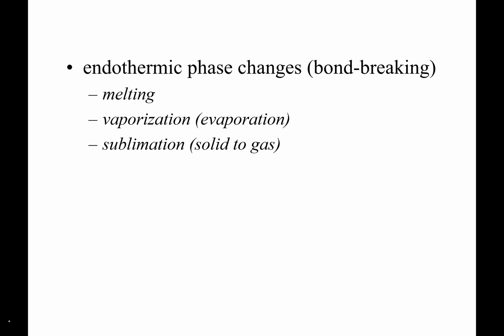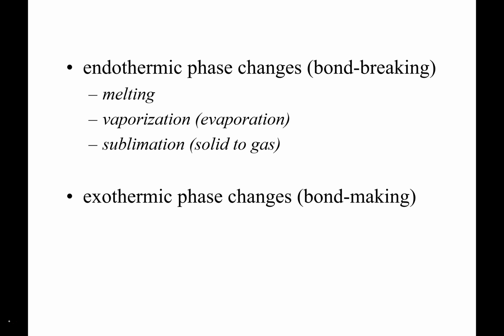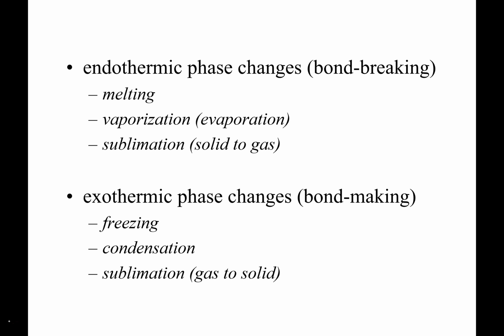By the way, sometimes some people use sublimation to talk about going from a solid to a gas and a gas to a solid, but I prefer deposition. So the exothermic phase changes, when bonds are being formed, would be from right back to left again. So that would be your condensation and your freezing and your deposition.